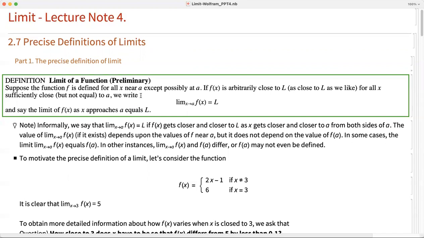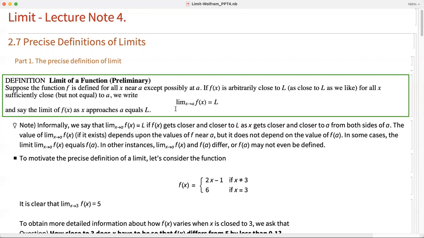If f of x is arbitrarily close to L for all x sufficiently close to but not equal to a, we write the limit of f of x as x approaches a equals L. But the objective of this section is to make crystal clear what close or approaches means in mathematics.